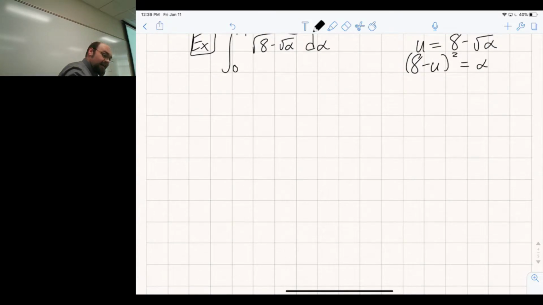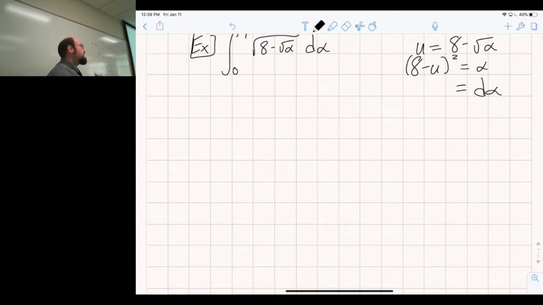So then I need to figure out, all right, well, what's d alpha? Well, d alpha is the derivative of the left-hand side with respect to u. So that's a chain rule, right? So that's going to be negative 2 times (8 minus u) du. Where'd the negative come from?